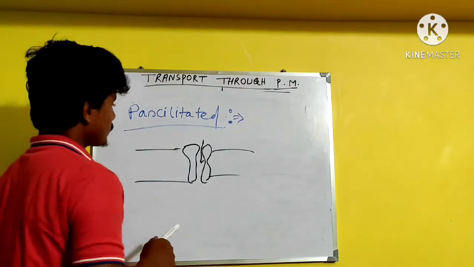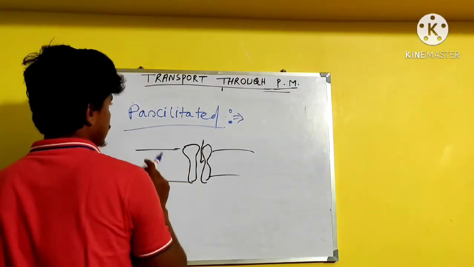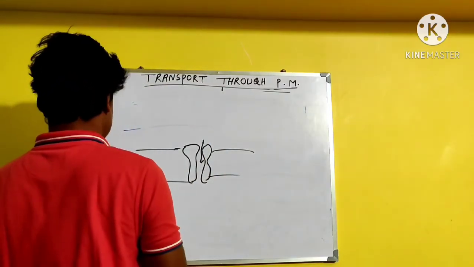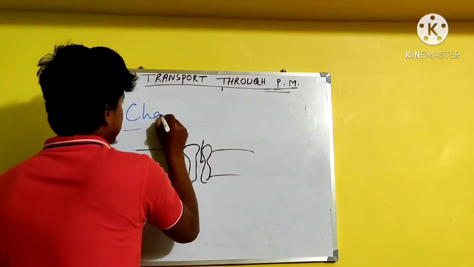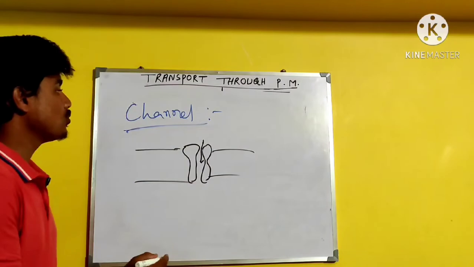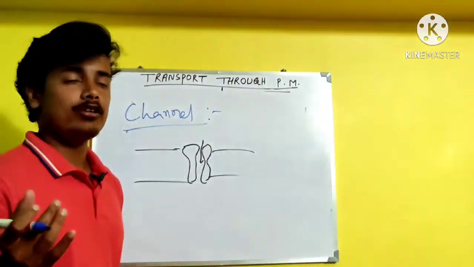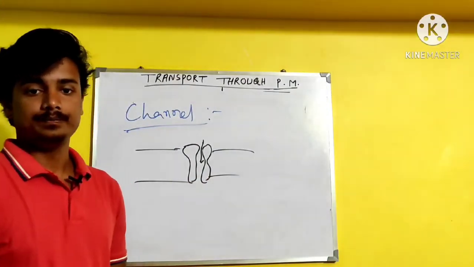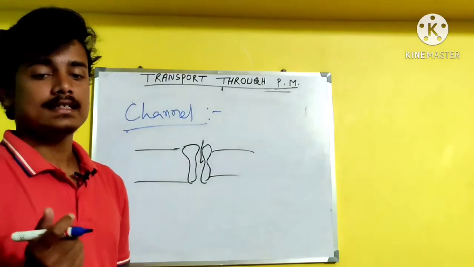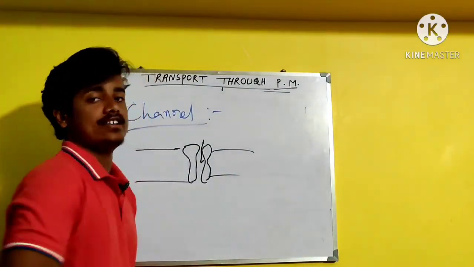Through this channel, elements, hormones, any kind of ion can move. This channel protein can be of two types. One is the voltage-gated ion channel and the other is the ligand-gated ion channel.